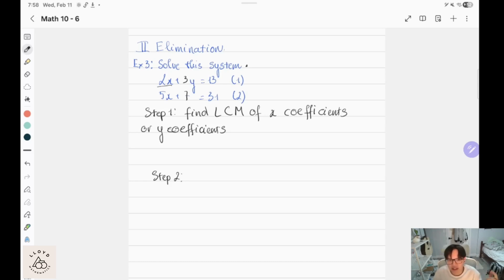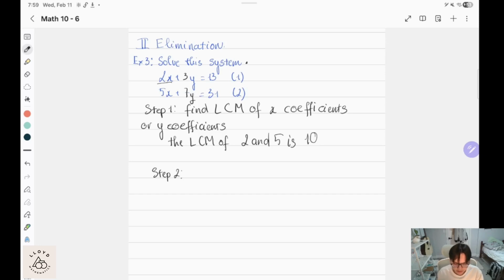But in this question, the least common multiple of 2 and 5 is 10, and the least common multiple of 3 and 7 is 21. So they both are not simple, so I just choose the coefficient of x. The LCM of 2 and 5 is 10.